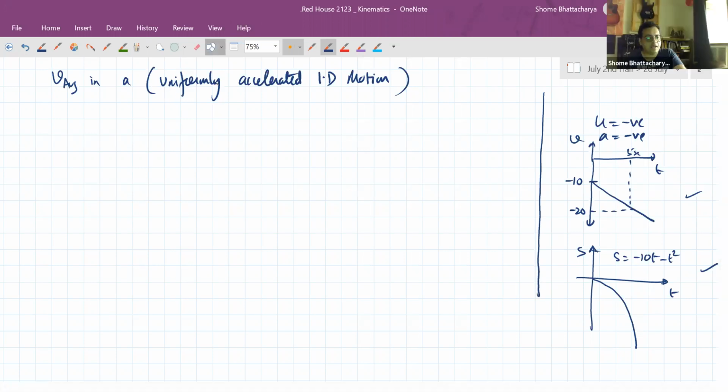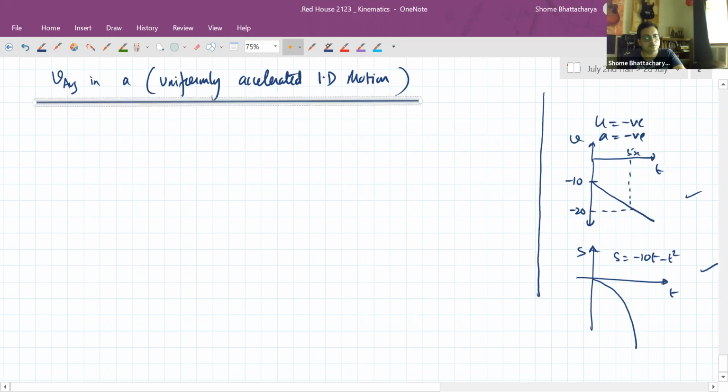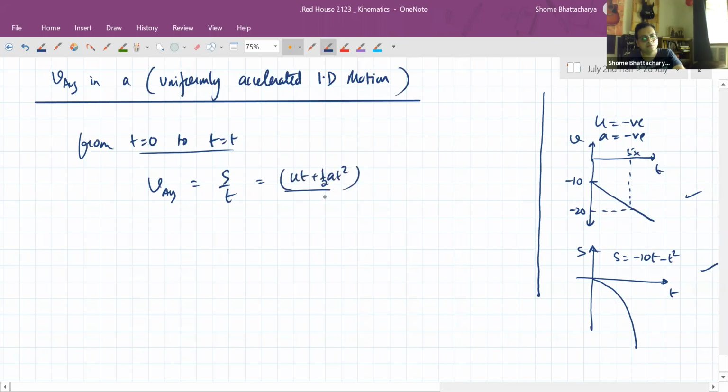Now, average velocity in the case of a uniformly accelerated motion. For example, from t equal to 0 to t equal to t, the average velocity should be total displacement upon total time. So it is ut plus half at square upon t.